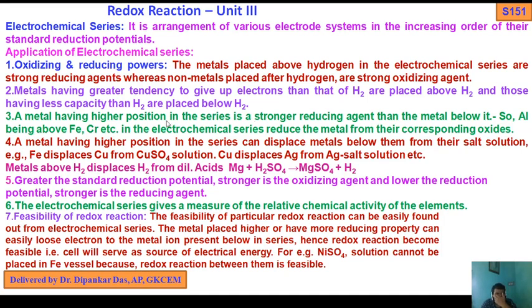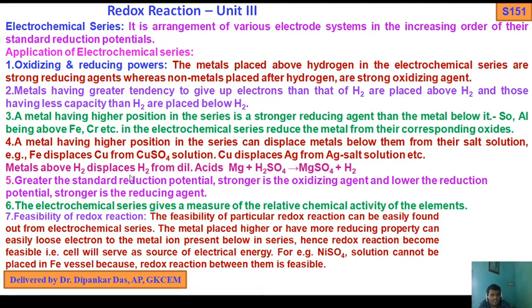A metal having a higher position in the series is a stronger reducing agent than the metal below it. So aluminium, being above Fe and chromium in the electrochemical series, reduces the metals from their corresponding oxides. A metal having a higher position in the series can displace metals below it from their salt solutions.